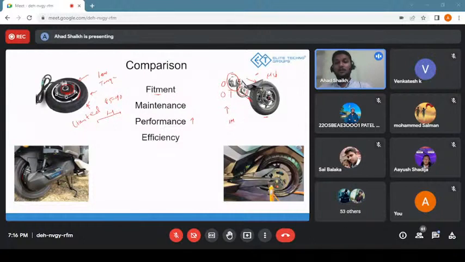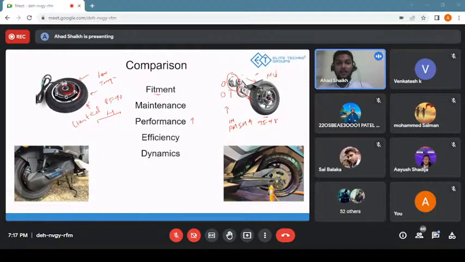Then PMSM, permanent magnet synchronous motors, and switched reluctance motors. So there are different options available. When it comes to PMSM, they are very highly efficient motors, about 95 to 98% efficiency. So we can achieve high efficiency when we are using mid-drive motors. But we have to consider the transmission losses as well.